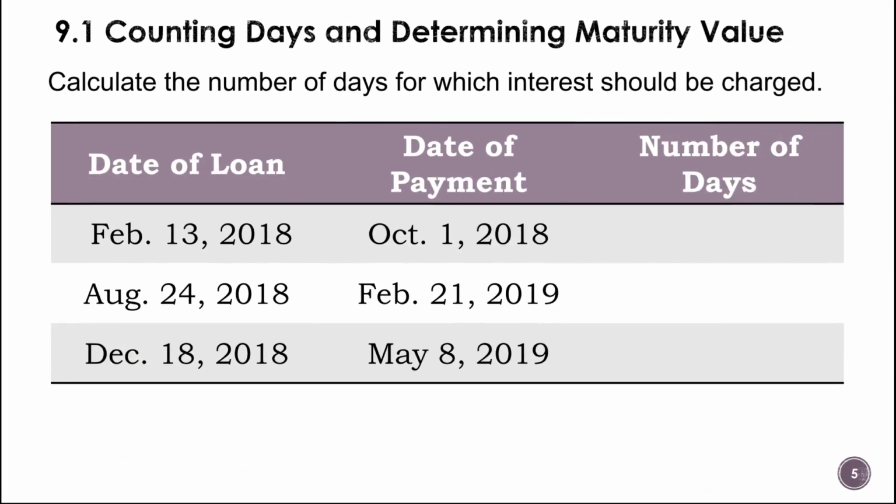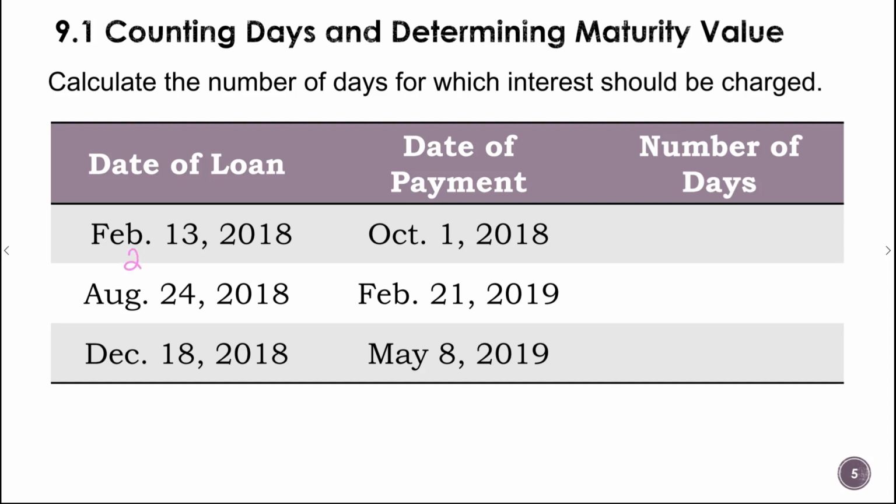Okay, so when we're working with loans and maturity values and interest, sometimes we need to know the number of days that we're paying interest for. And so this is totally using your date function on the calculator. Remember that to find the date function, you press second and the number 1. Right above that it says date. Recall that we will put the numbers in this way.